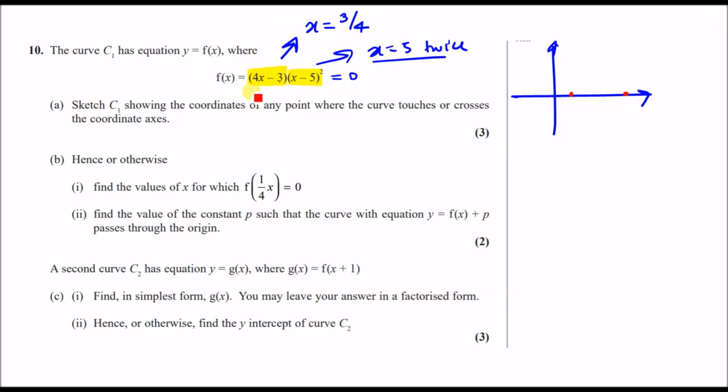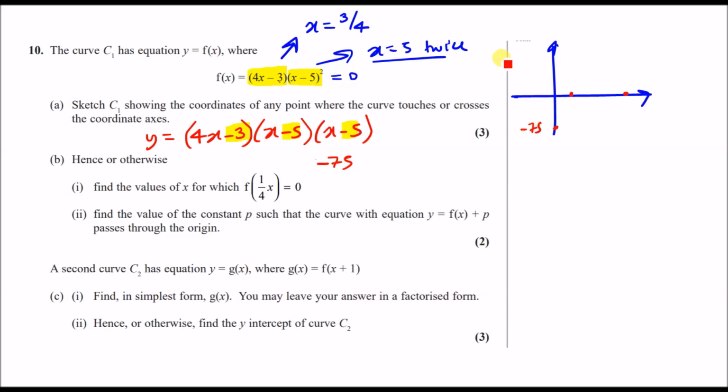So if I was to expand this slightly, showing 3 brackets, like 4x minus 3 times x minus 5, and then another x minus 5, and of course y equals. If I just focus on the last 3 constants, minus 3 times minus 5 times another minus 5, it's going to give you minus 75 actually. So this means it's going to hit somewhere at minus 75.